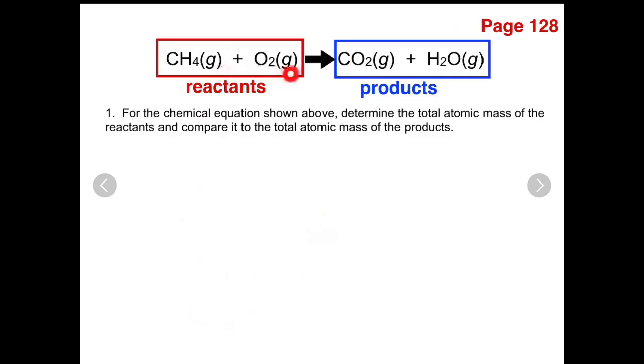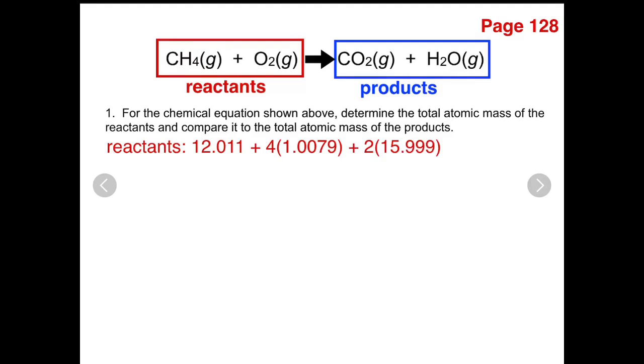Looking at this chemical equation, you add the mass of carbon, together with the hydrogen within that molecule, and then the two oxygens. The total mass of the reactants is going to be in AMU, because we're talking about the atomic mass of each molecule.